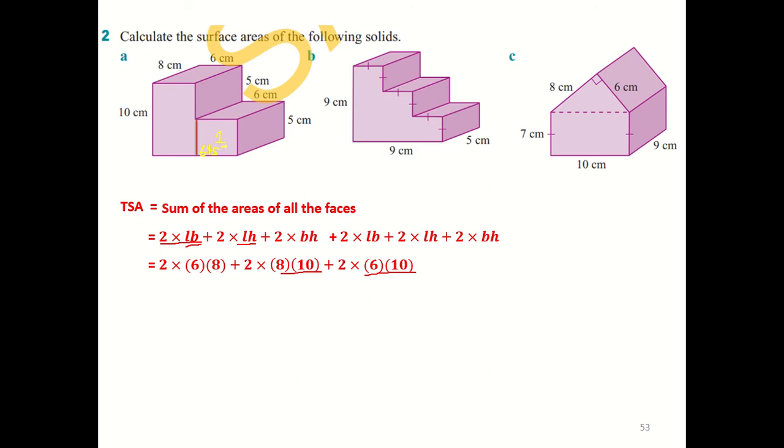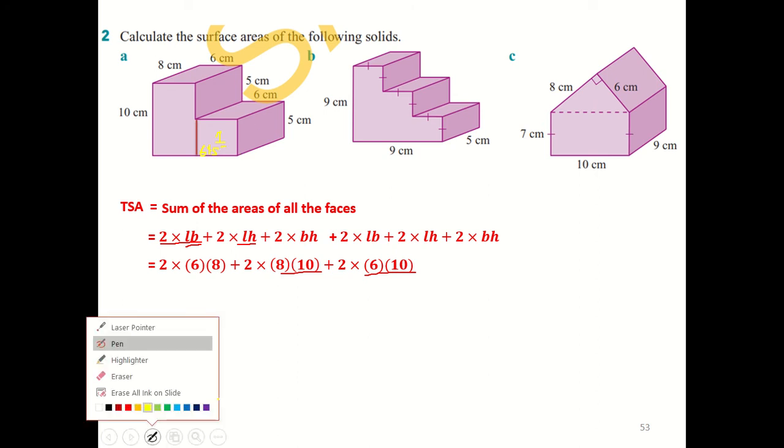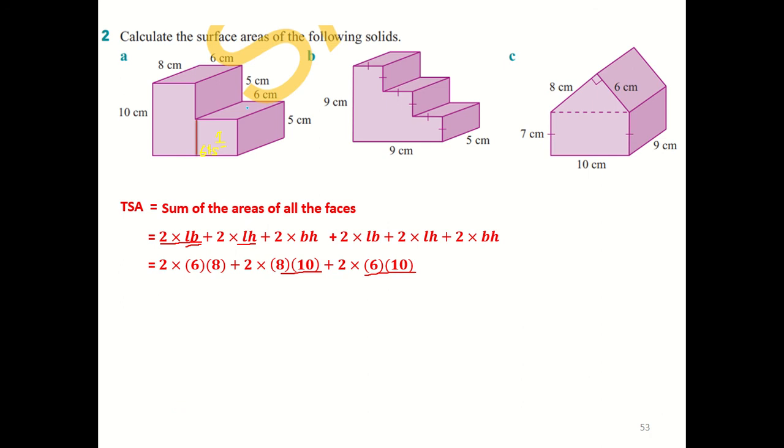Obviously I will multiply that area by 2, and then I'm going to calculate the second area, which is 8 times 5. 8 is simply this length, which is the same as that length, and hence it is 8 centimeters.